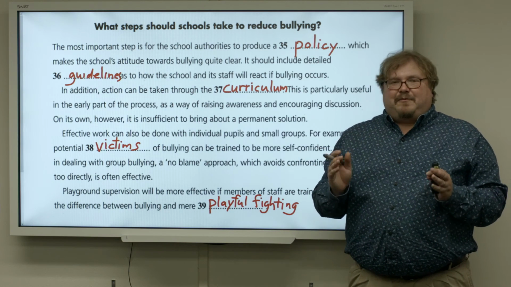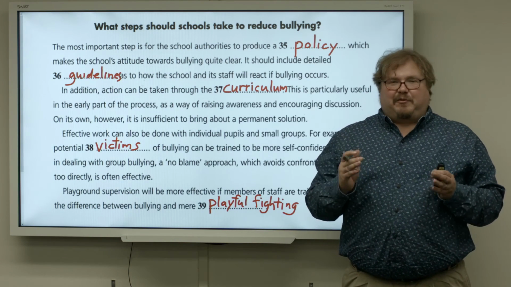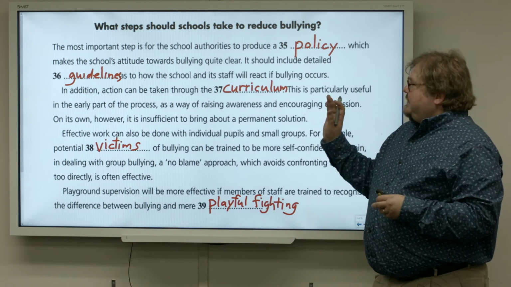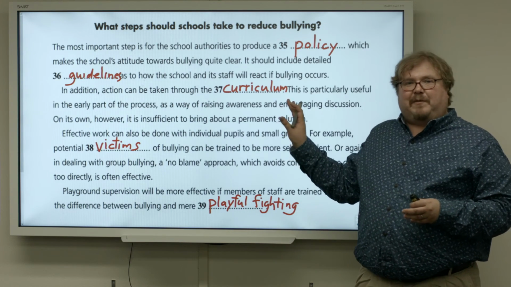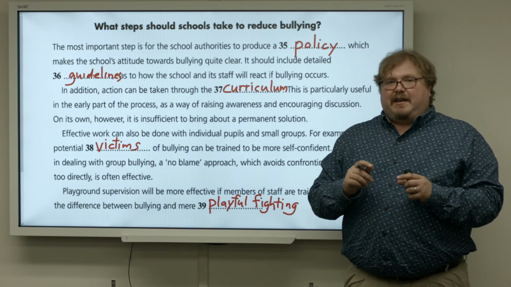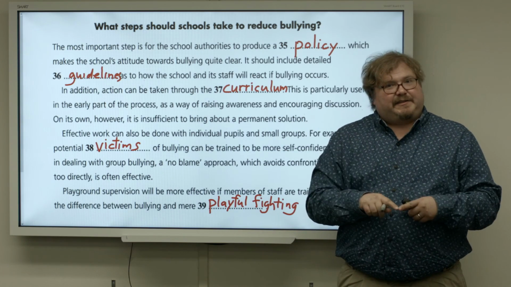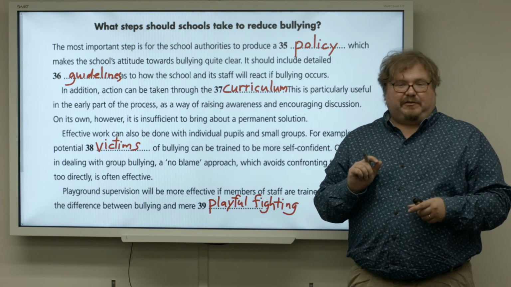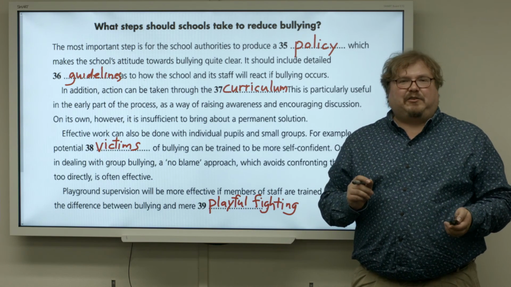Okay, so that basically is how we do this summary section. This is the harder type, where we must find those words directly in the passage. As I said, some of them have a box that has a list of words that you can choose from. That makes it a little bit easier.